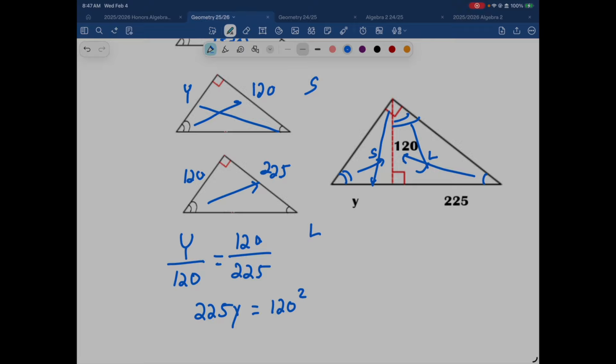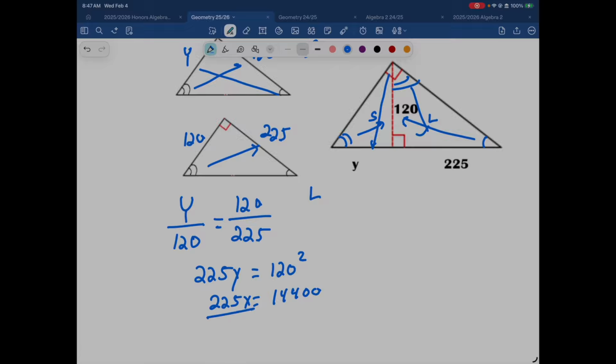So 120 squared is 14,400. Okay, I should write it as 14,400 instead. Divide by 225, divide by 225. You get y is equal to 64. And there it is.